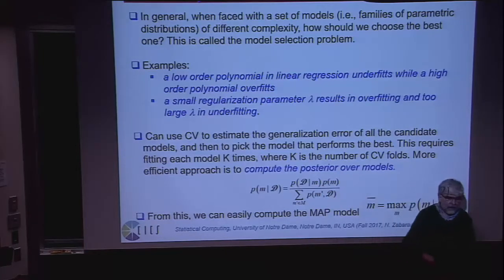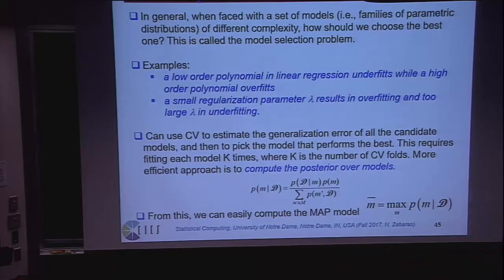Now you notice there are no parameters there. What have we done with the parameters? We know for regression we need parameters. So where are the parameters? We integrated them out. And pi of m is a prior over models.